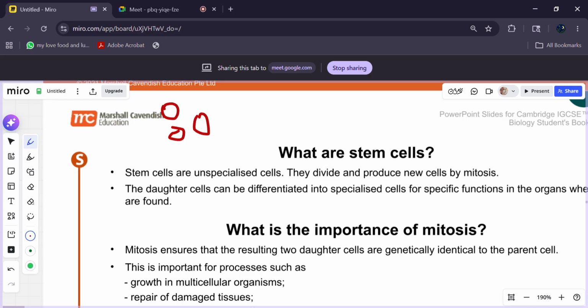That's why, because they are unspecialized. They don't have a main function. They are cells used to modify and also replace cells like skin cells, liver cells, blood cells, and so on. And they are also capable of mitosis, although stem cells are collected in the embryo.